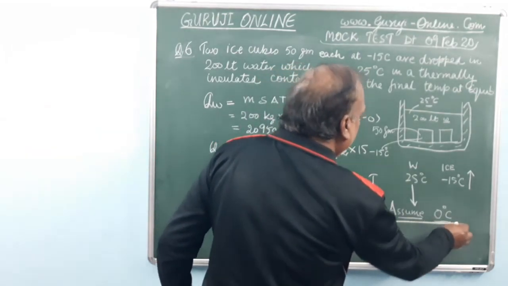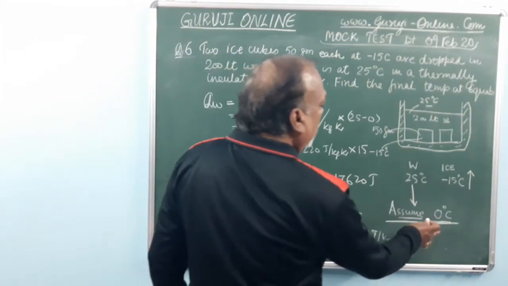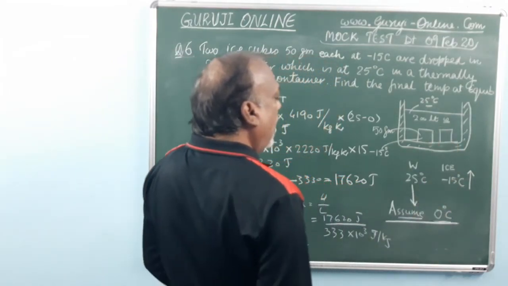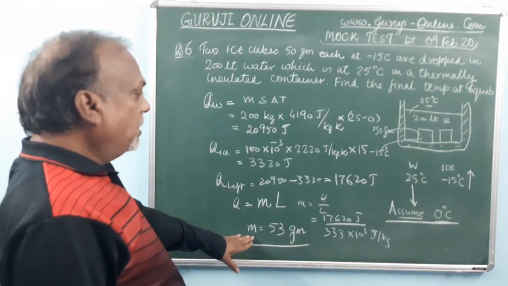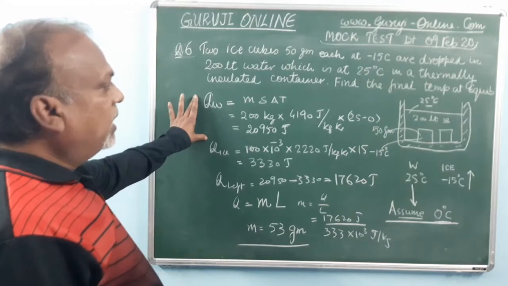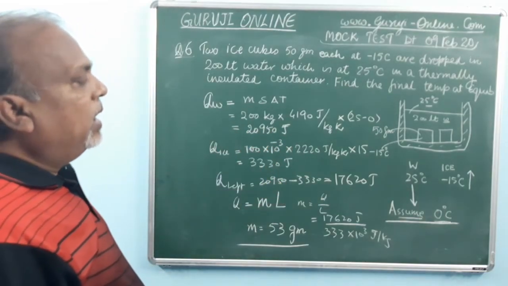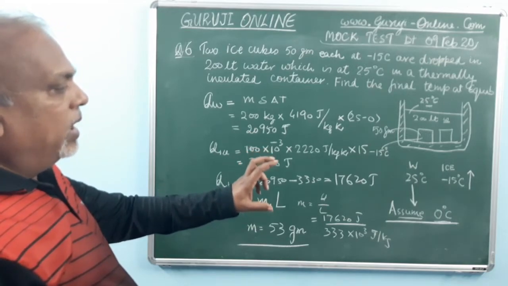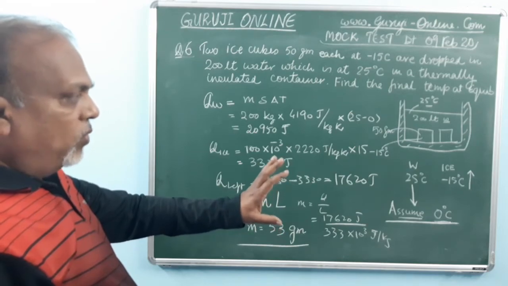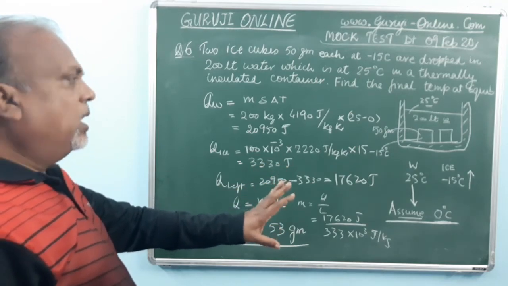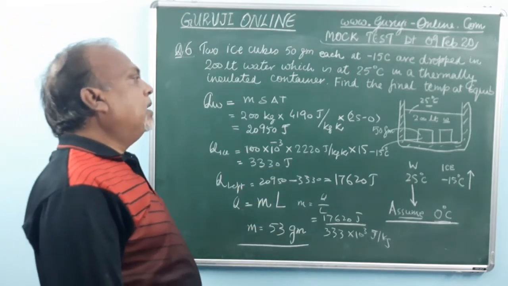Suppose it had got more energy, then it would have gone from 0 degree upward. But since not enough energy is there, there will still be ice in the water, and the water has converted to 0 degree, the whole of the ice has converted to 0 degree, and this will remain at thermal equilibrium.